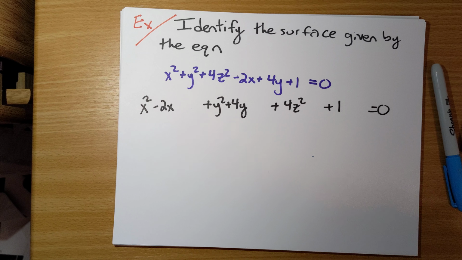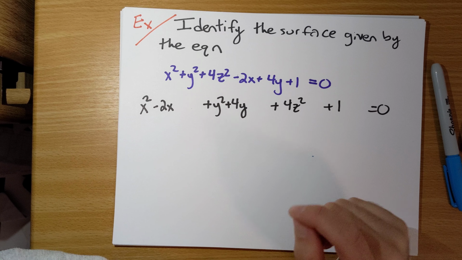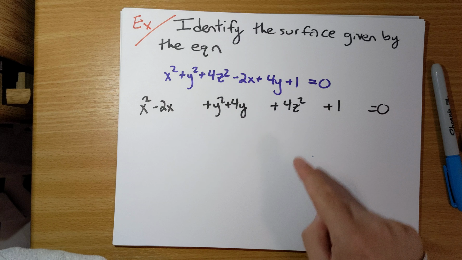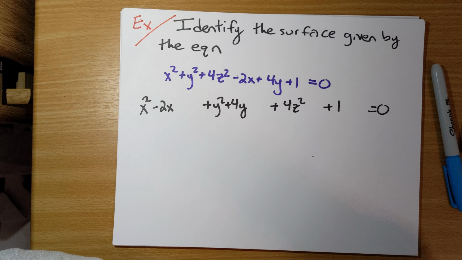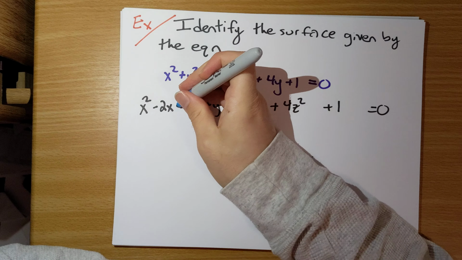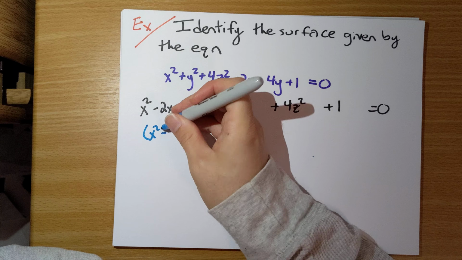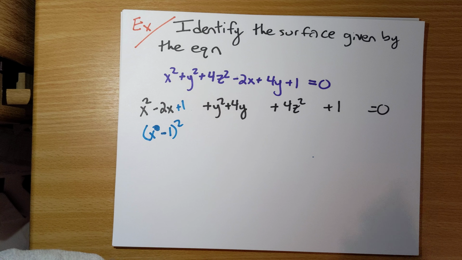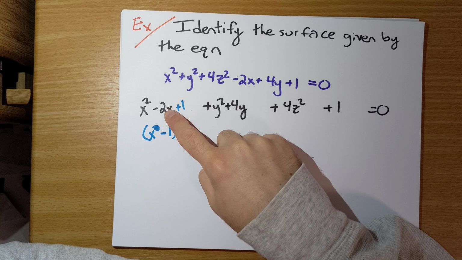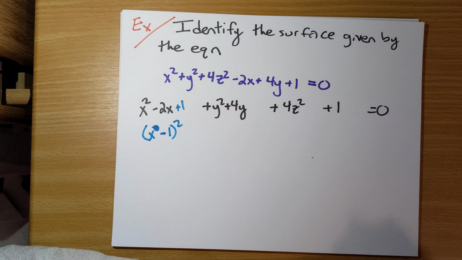Now to work with this, we're going to want to complete squares to turn this into something squared and this into something squared. To complete the square for x squared minus 2x, we need a plus 1, because then that becomes x minus 1 quantity squared. How did I find that plus 1? I took the coefficient of the x term, -2, divided that by 2 to get -1, and then squared -1 to get plus 1.